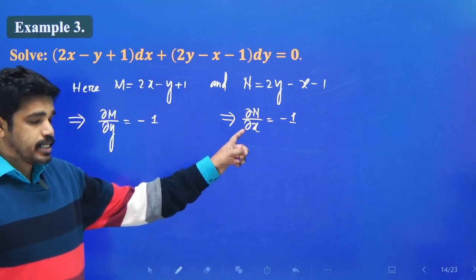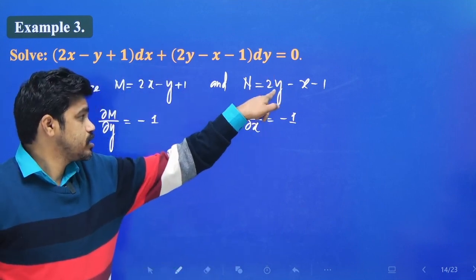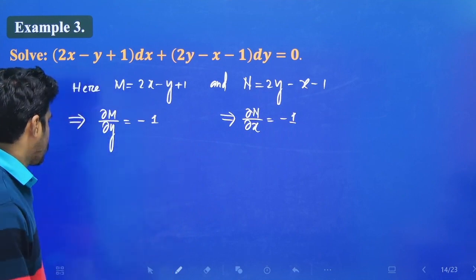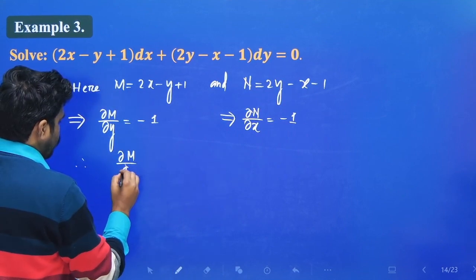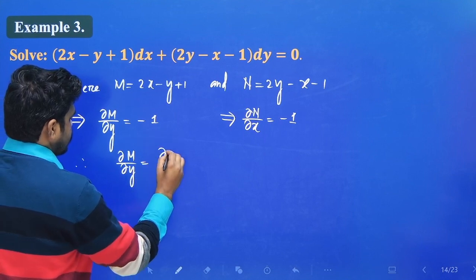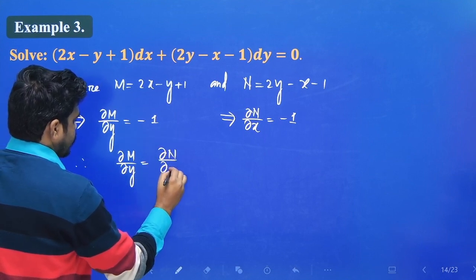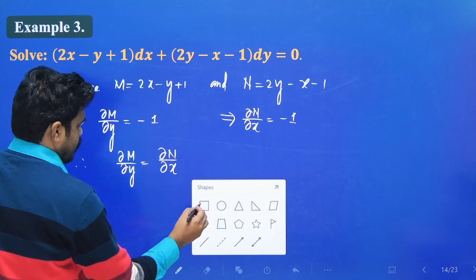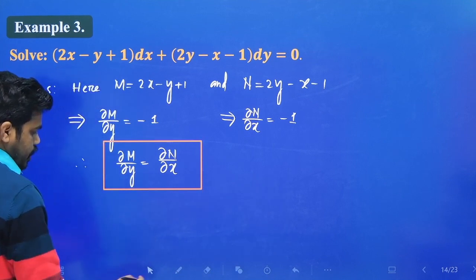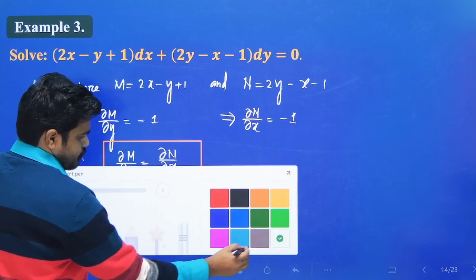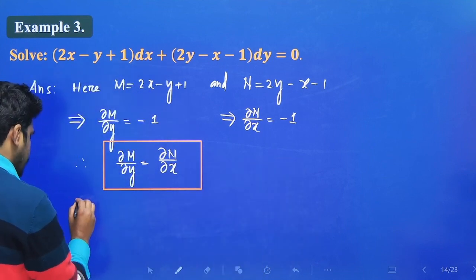X respective partial derivative, y is constant, so that is 0 and this is 0. So therefore del m del y is equal to del n del x, right? Hence the given equation is exact.